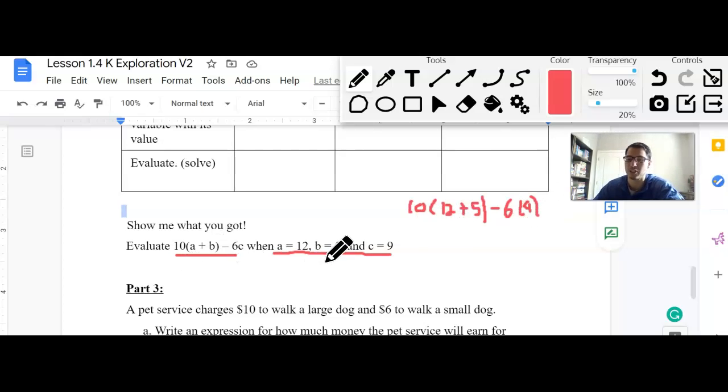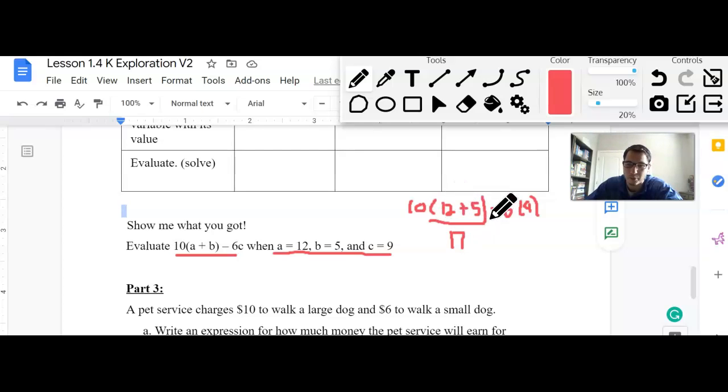Okay, we have successfully now substituted or replaced all our values in for the variables. So now this is just a numerical expression and we solve using the order of operations. So grouping in parentheses come first, so we can solve for 12 plus 5, which is 17. Bring everything else down.